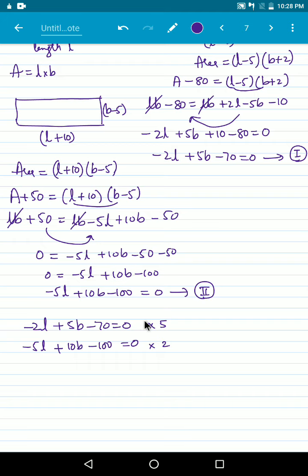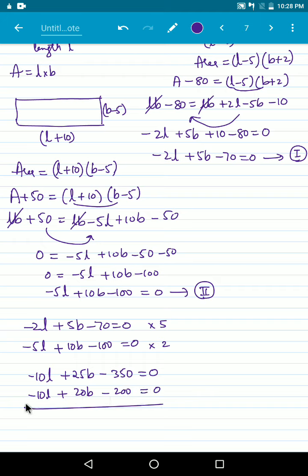So 5 2s are 10, so it is minus 10L plus 25B minus 5 7s are 35, so 350 is equal to 0. Now multiply the second equation by 2. So 2 into 5 is 10L, plus 2 into 10 is 20B, minus 200 is equal to 0.